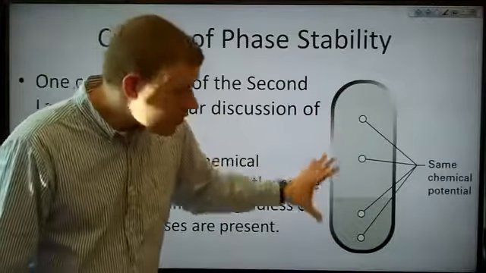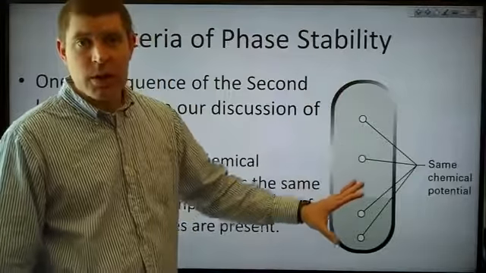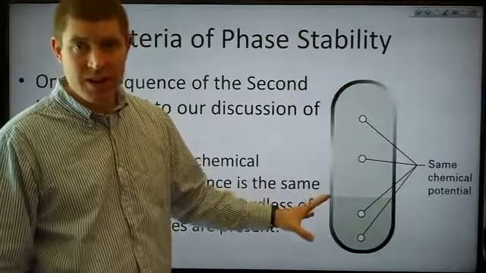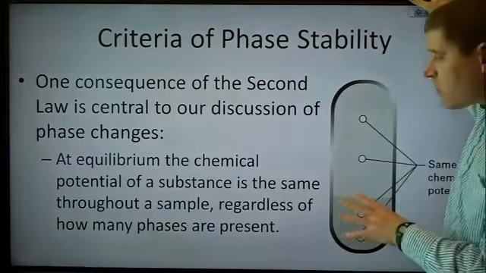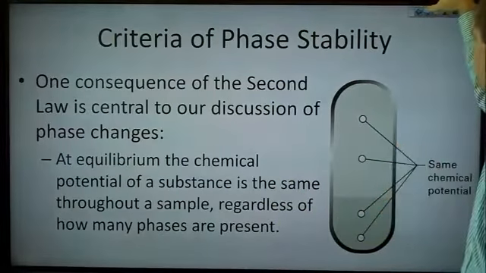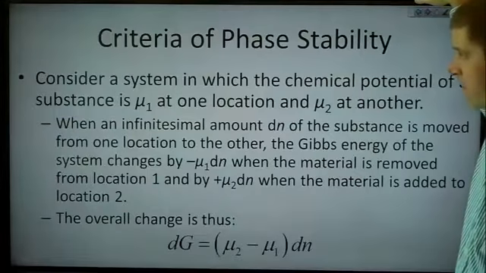Now again, the whole sample needs to be at the same temperature and well mixed, otherwise it's not at equilibrium. But at equilibrium, the chemical potentials of both phases are equal.